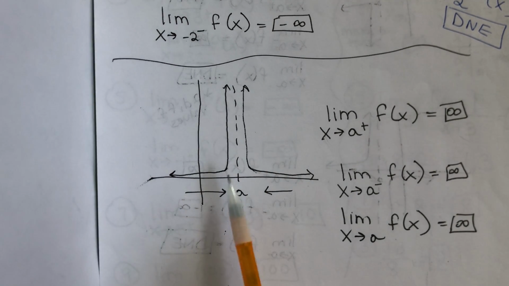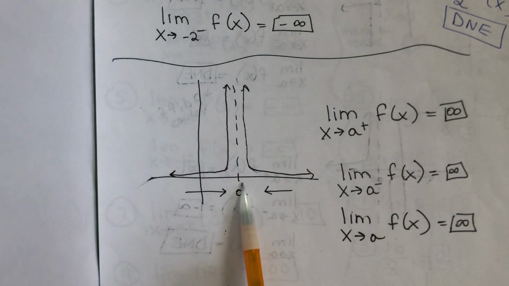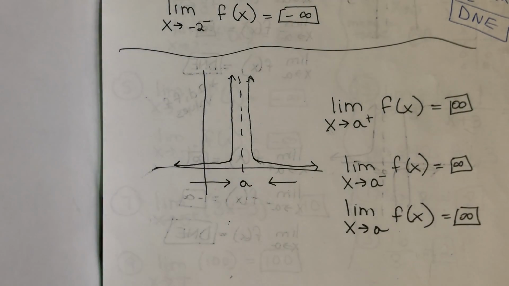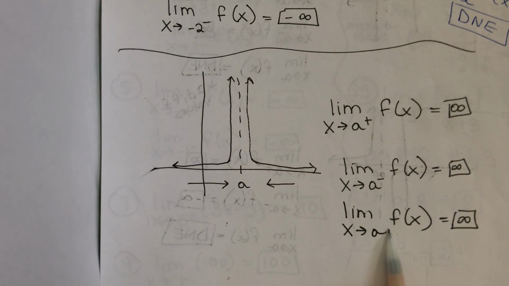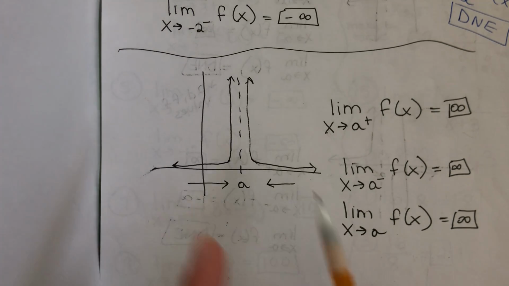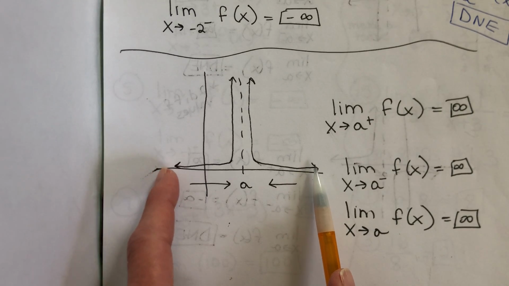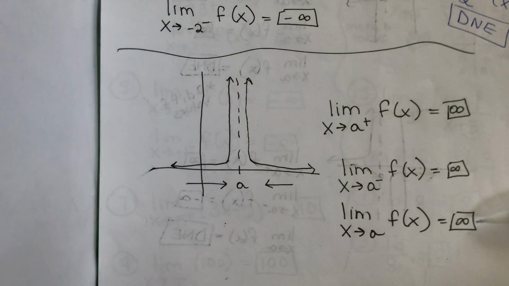If I approach the a value from the left, it's also going up forever, infinity. And if I just asked for the limit of this graph as x approaches a, if I don't see a plus or minus on the a value, I assume I'm looking from the right and left. Since when I come from the right and left it's going to the same place, that is the answer.